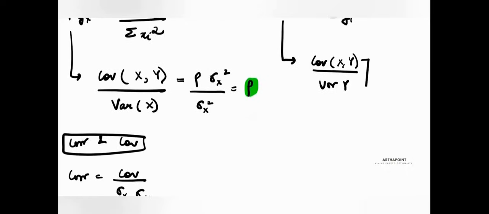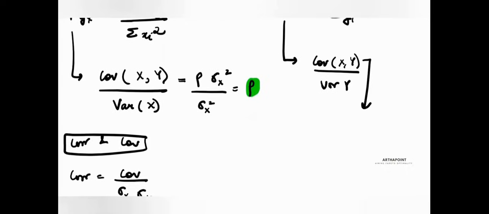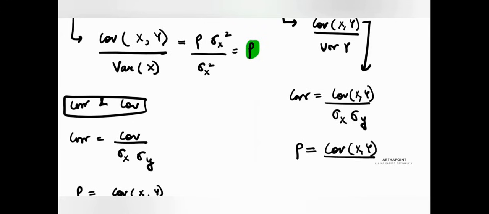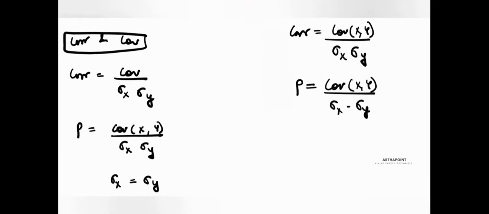Covariance is related to correlation. So the correlation is basically covariance of xy upon sigma x, sigma y. Correlation is rho. Rho is given as covariance of xy upon sigma x into sigma y.